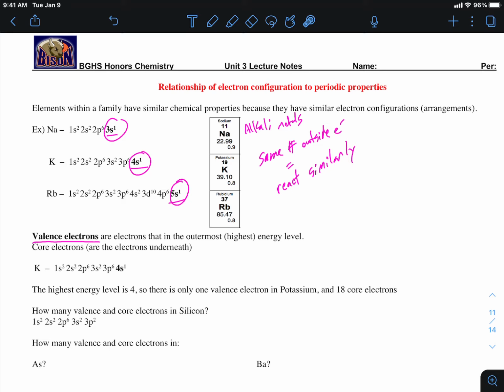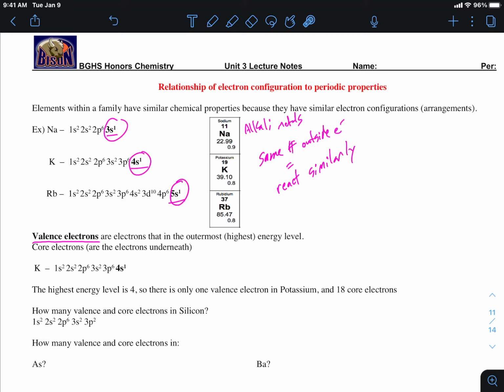What do I mean by highest energy level? If you wrote out the SPDF notation, what is the highest energy level you see? In this one, it's 3. In this one, it's 4. In this one, it's 5. Whatever electrons are in the highest energy level number, those are valence electrons.